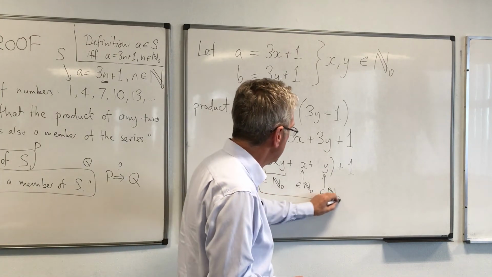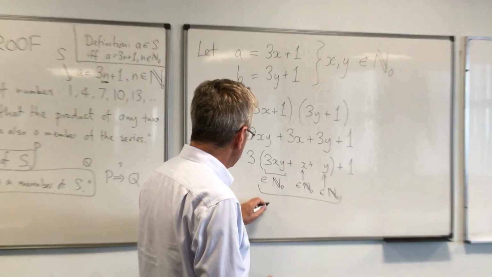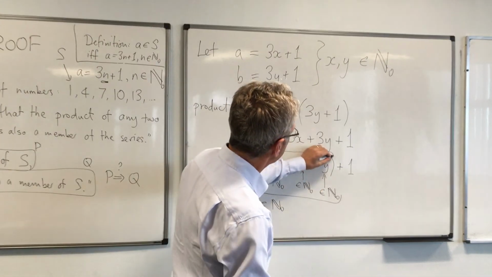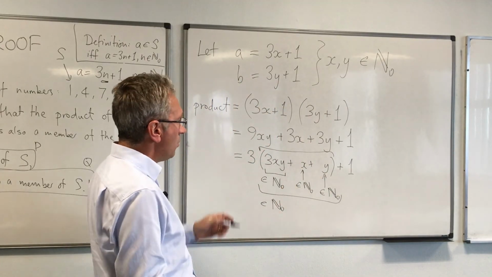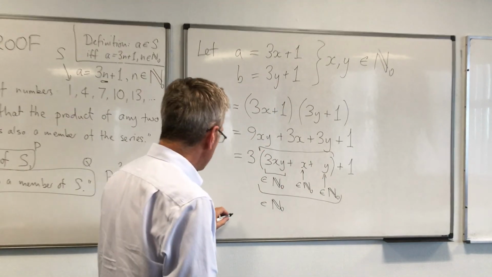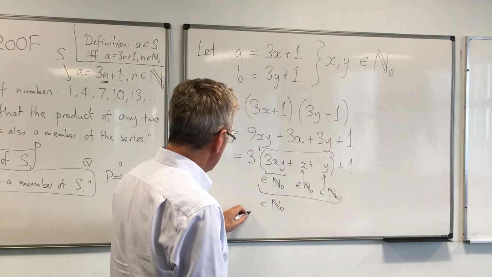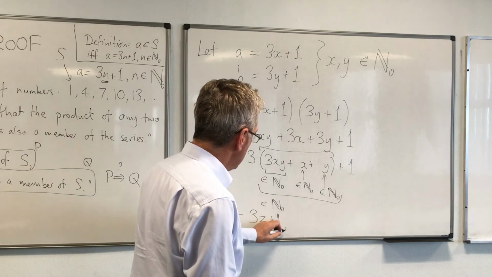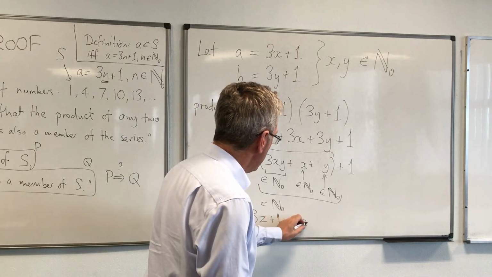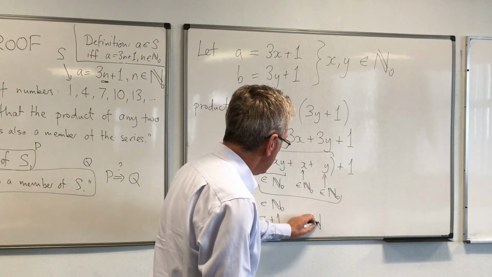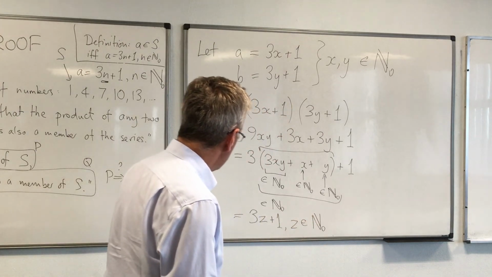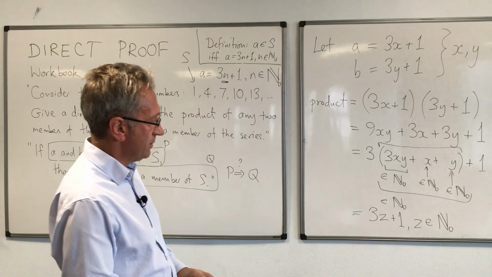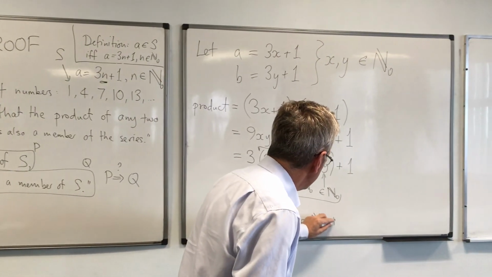If we take 3 members of the natural numbers, then we must get a member of the natural numbers. So in other words, everything here in the bracket added together will form a member of the natural numbers. So let's give it a new name. Let's call it z. So 3 times z plus 1, and z is a member of N0. And that accords with our definition. So we are then finished.